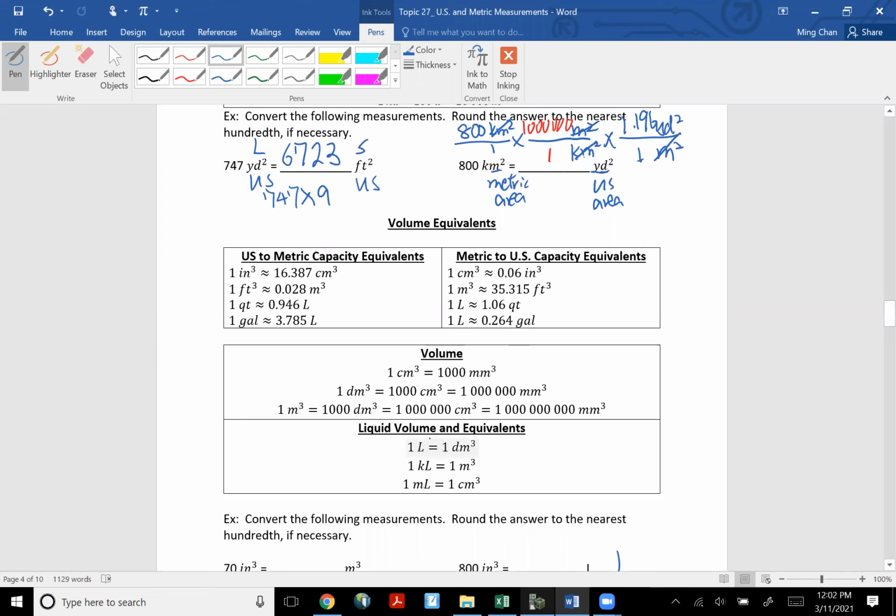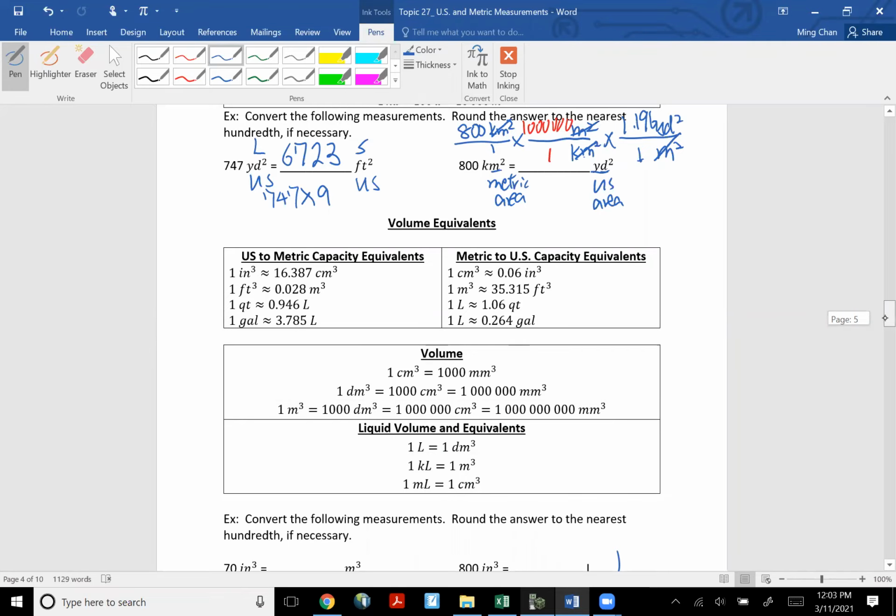And right here are your liquid volume equivalents. What these are representing is cubic of volume, right? Liter, kiloliter, milliliters, these are your capacities. So these are how much liquid goes into how much space. Think of volume as space.